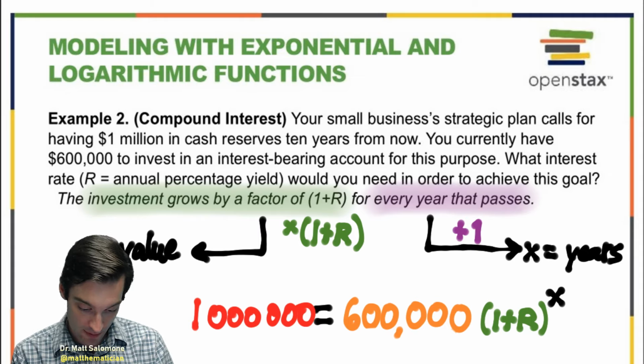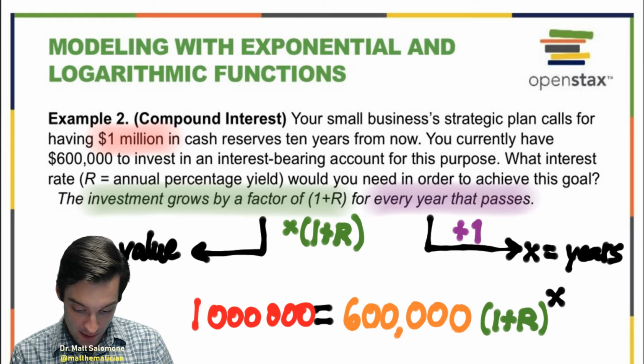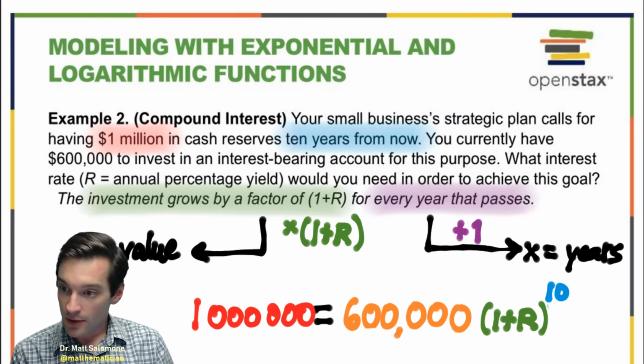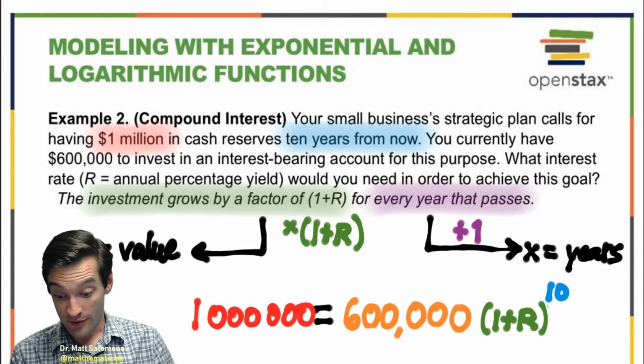And I also know a value that I want to use for x. The value that I want to use for x is that I want that $1 million mark to be reached at the end of 10 years. And so the value of x that I want here is 10. So we just need to figure out how to solve for this value of r.